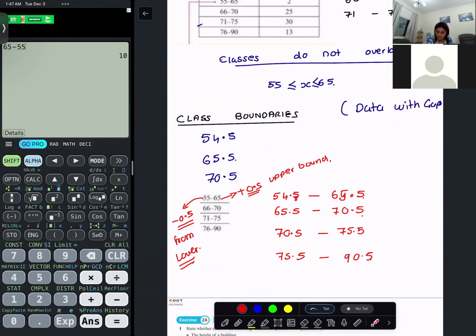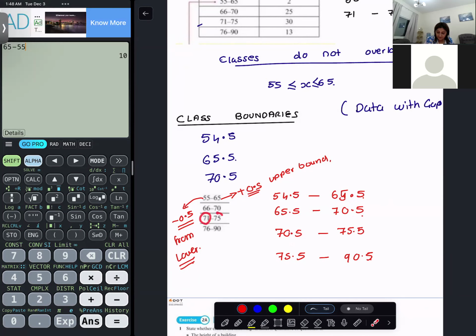So it would be 54.5 to 65.5, 65.5 to 70.5, 70.5 to 75.5. That means your x would be between 54.5 and 65.5. Anything above 65.5 would come in the next class.